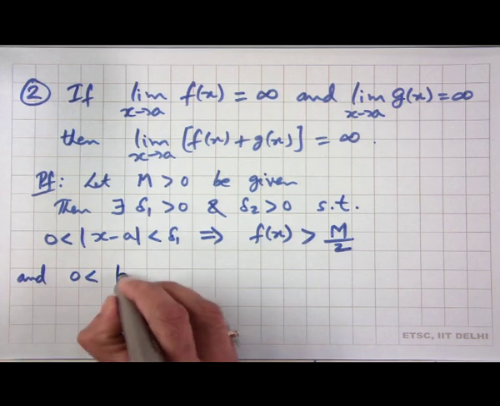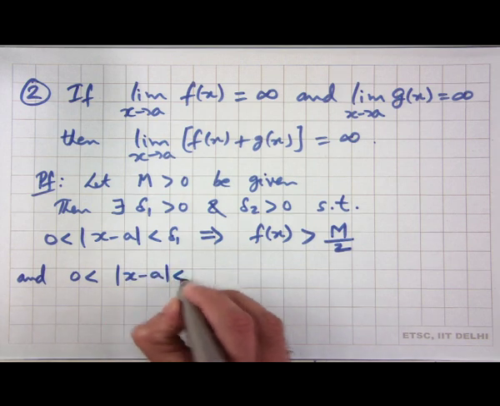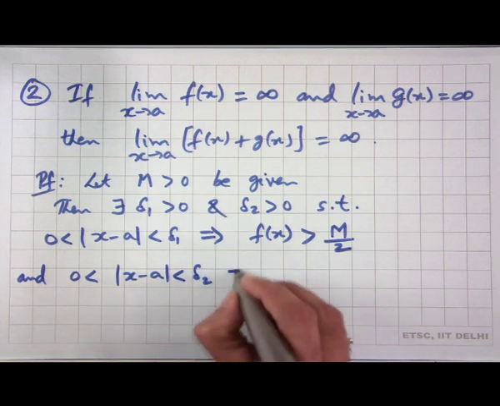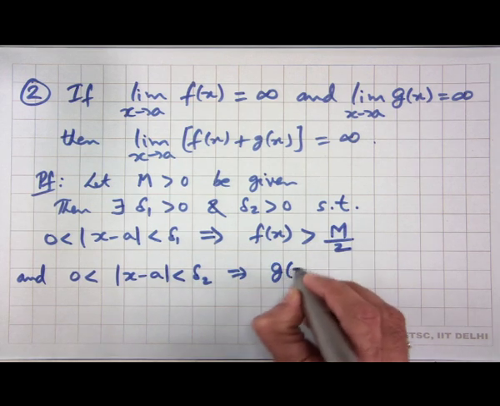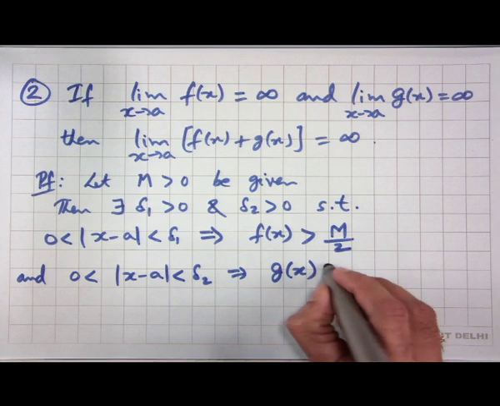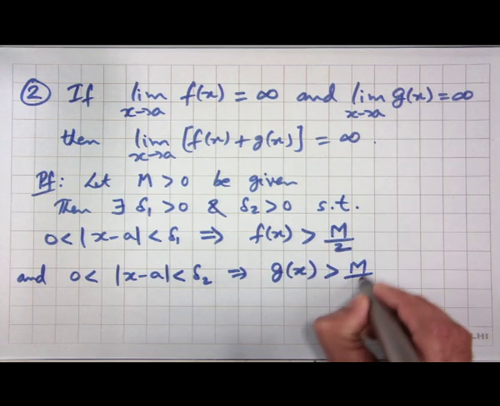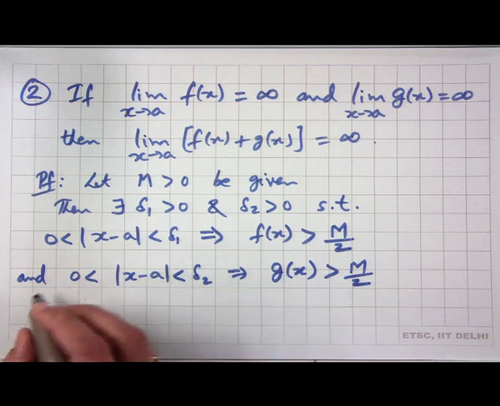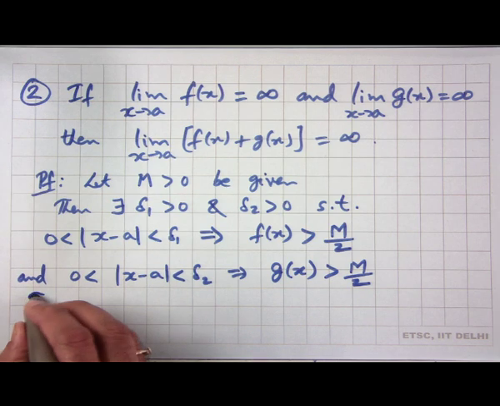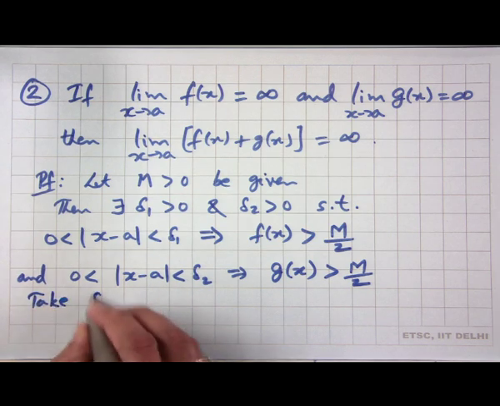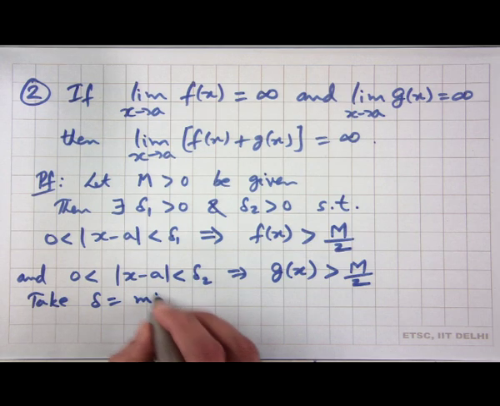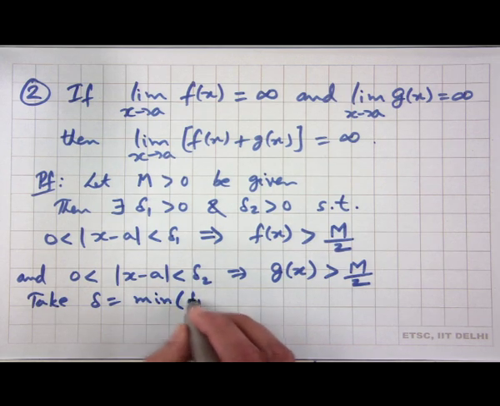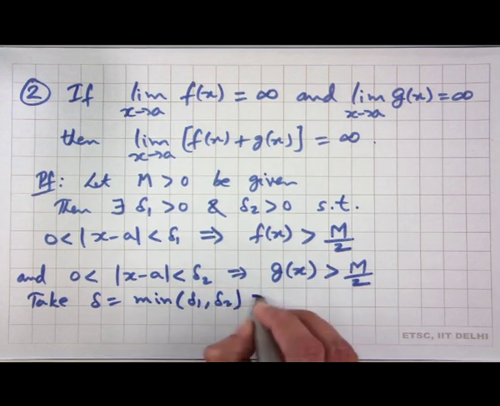and if mod x minus a is less than delta 2, then since the limit of g of x is also infinity, I can make g x bigger than m by 2. Then, take delta equal to again the minimum of delta 1 and delta 2, which is positive.